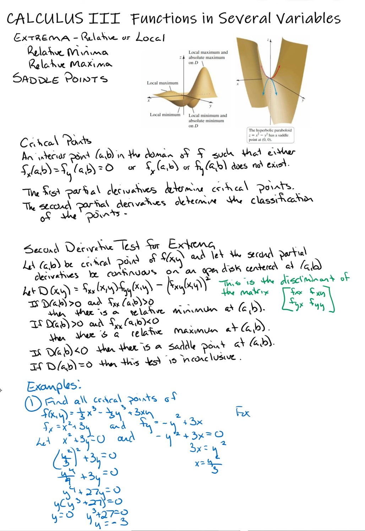So for y equal to 0, notice I know what x is. x is y squared over 3. So when y is 0, x is also 0. And for y equal to negative 3, x is equal to, looks like, positive 3. Thus we have the points (0, 0) and (3, -3), and these are the critical points.